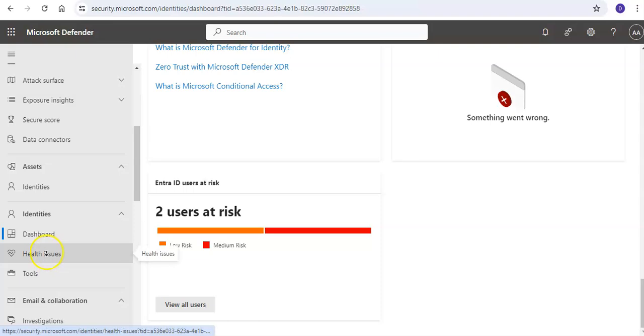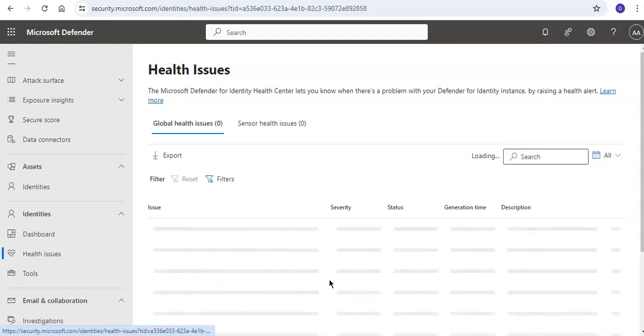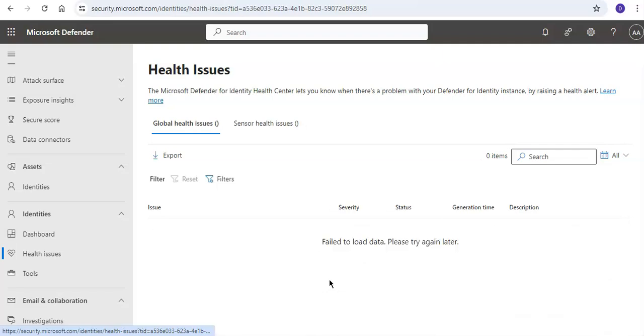If you look at the health issues under the dashboard, under Identities on security.microsoft.com, it shows you the global health issues and the sensor health issues as well. This will help you identify suspicious activities across the cyber attack kill chain. Typically, attacks are launched against any accessible entity such as a low-privileged user.